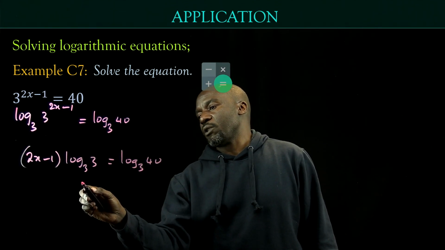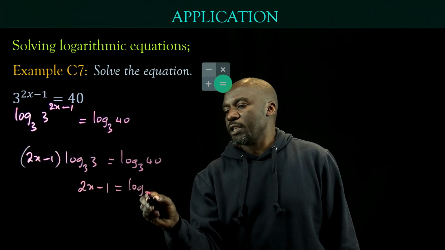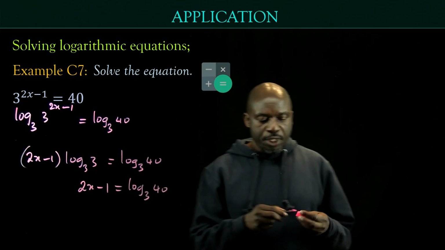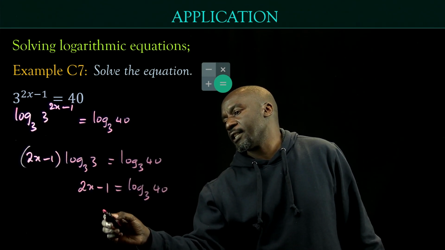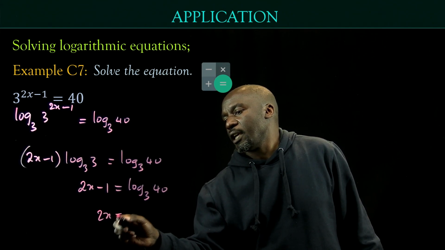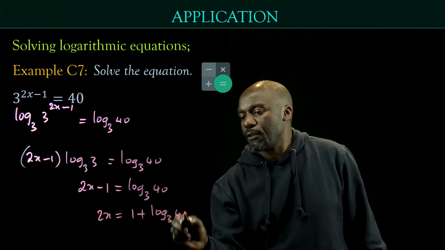In fact, what we are saying is that 2x minus 1 is log base 3 of 40, which I can get very quickly on my calculator. But first of all, I can write this as 2x is 1 plus log base 3 of 40.